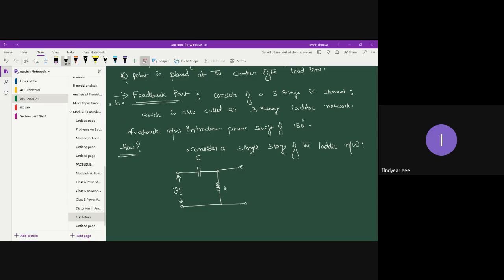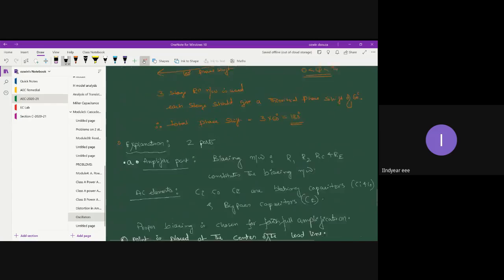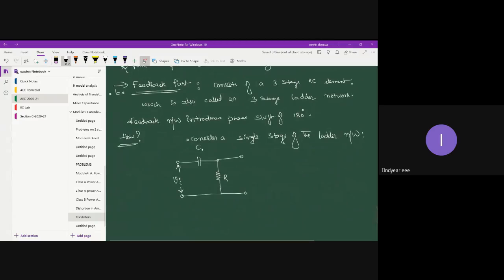This is C and this is R. We have just considered a single stage of the ladder network. This is the input, and across the resistor, whatever voltage you get is assumed as the output. So voltage across the resistor, let us take it as VR, the resistive voltage, and voltage across the capacitor as VC, the capacitive voltage. And let us say I is the RMS value of the charging current.